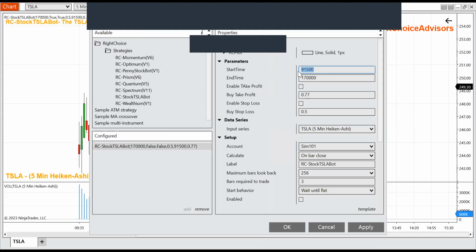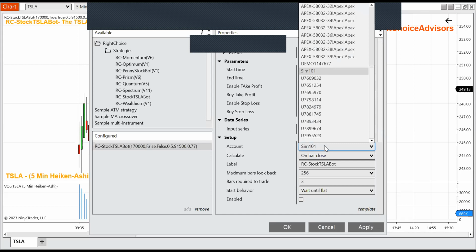We can specify a time, like run between 9 to 5 or 9 to 4, whatever we want. And if we don't want to put any target profit or stop loss, that is also fine. Then we will basically enable them, wherever we want to, we can enable that account.